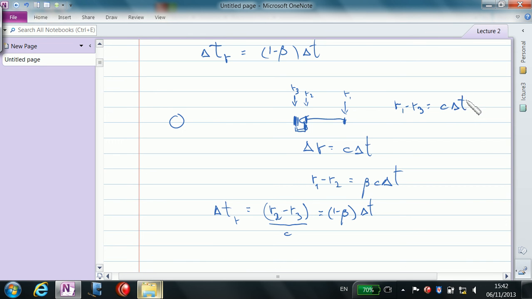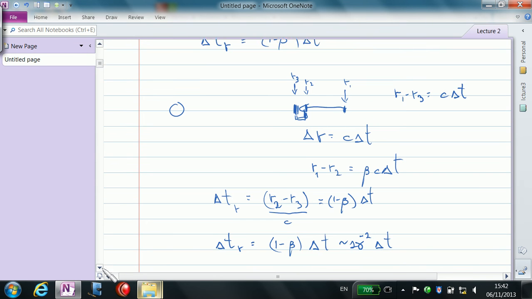Alright, so there's a 1 minus beta here. And therefore, delta t received is equal to 1 minus beta times delta t. And this is approximately gamma to the minus 2 delta t.